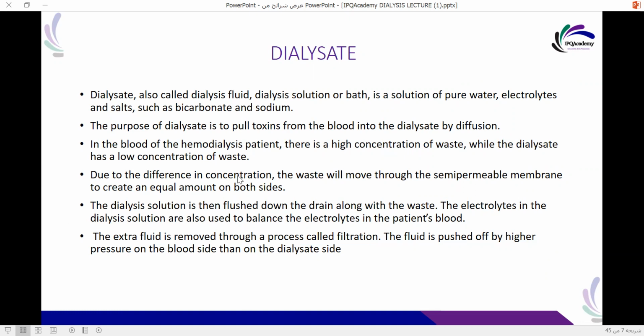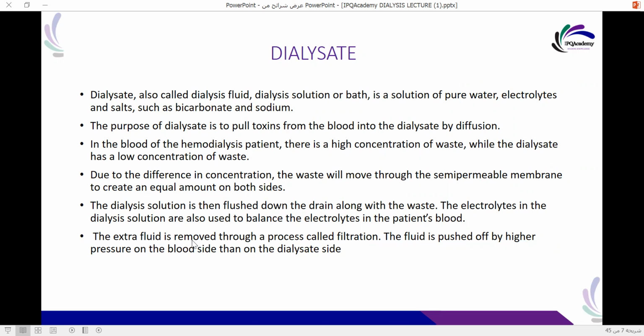Due to the difference in concentration, the waste will move through the semi-permeable membrane to create equal amounts on both sides. The dialysis solution is then flushed down the drain along with the waste. The electrolytes in the dialysis solution are also used to balance the electrolytes in the patient's blood.